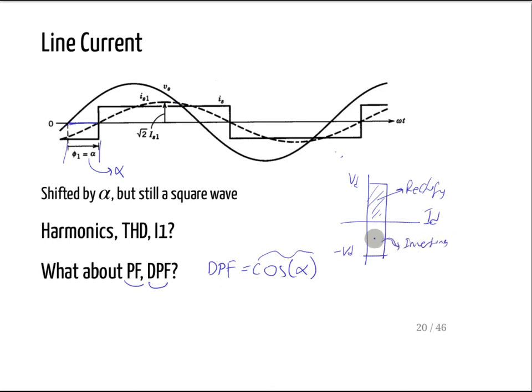In this region, you can still think about it from the load side. You have the current like that, but if your output voltage is negative, that means power flow is reversed. The supply is not giving power to your load, but your load is supplying power to the grid side.